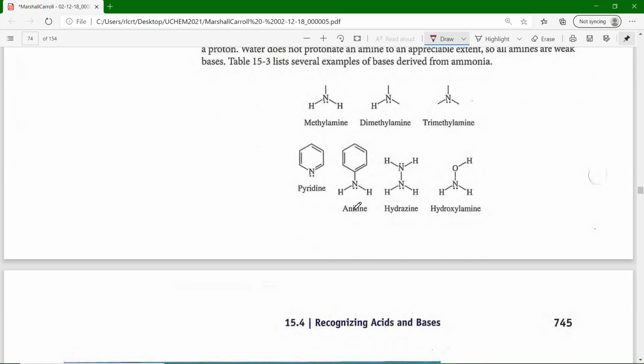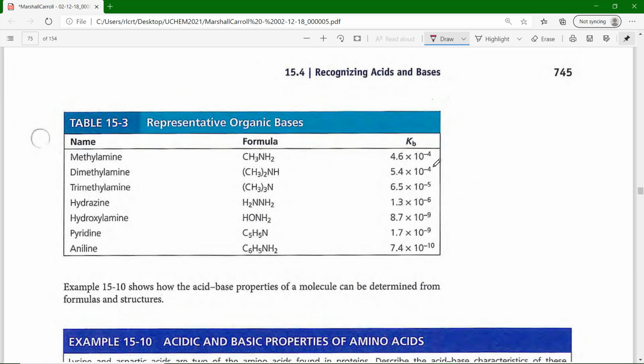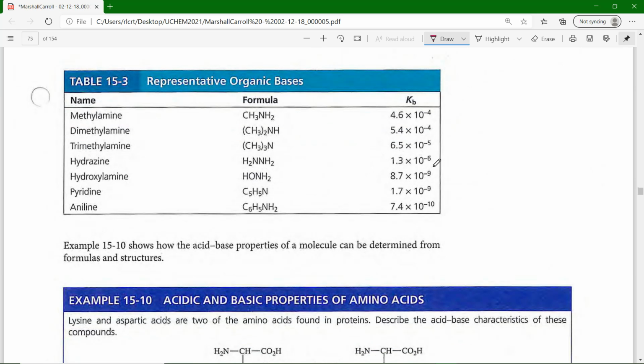So here are some: methylamine, dimethylamine, trimethylamine, right? So there are 3 methyl groups there. And in lots of these there is some biological chemistry associated. Pyridine, aniline, hydrazine, that's rocket fuel, that's quite reactive. Hydroxylamine. So these are all examples of weak bases. And here are some other ones. Aniline I've thrown in there, and the Kb.